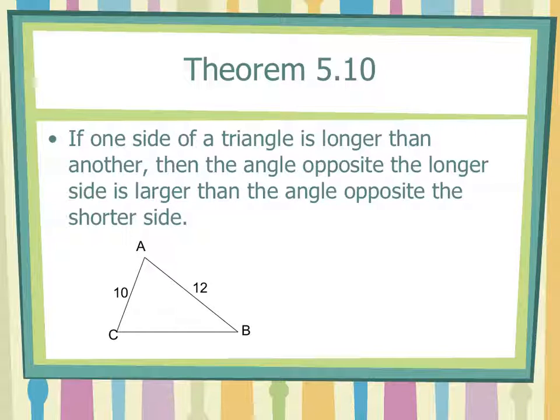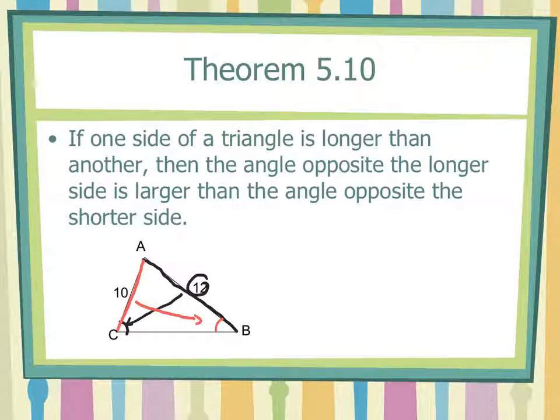If you have a large side of a triangle, then it has a large angle across from it. So which would you say is bigger, 10 or 12? Okay, so 12 is the bigger side. So this is the bigger one, which means that this side right there has a big angle across from it. And this small side has a smaller angle across from it.